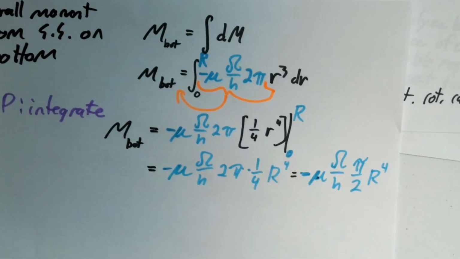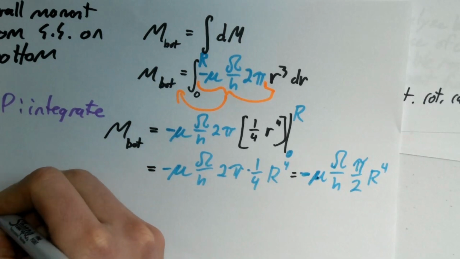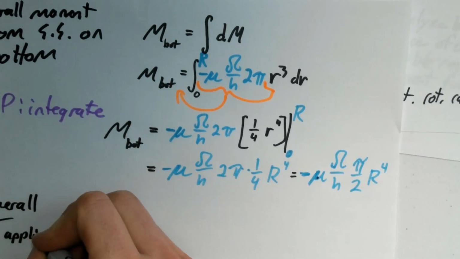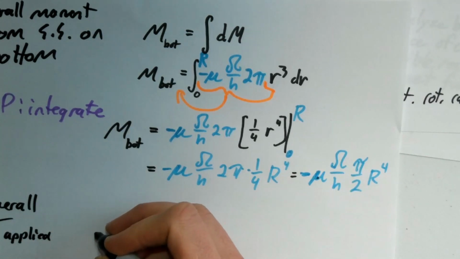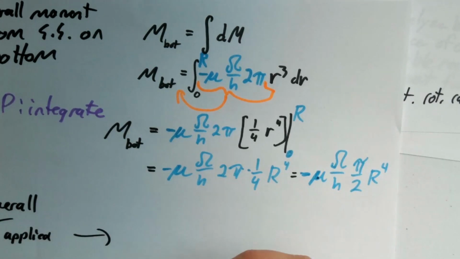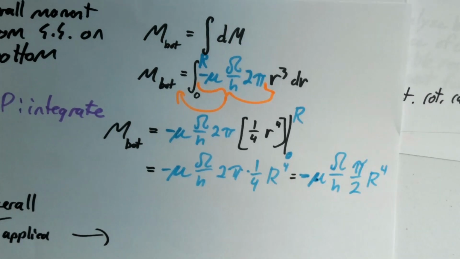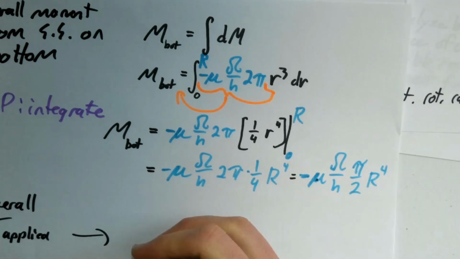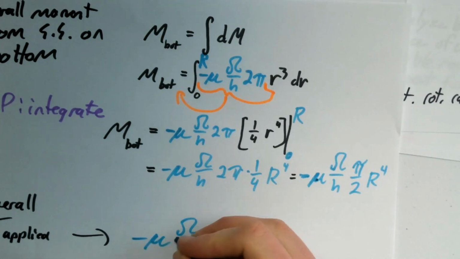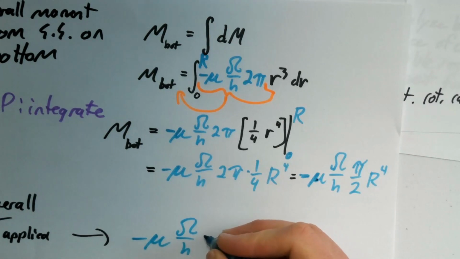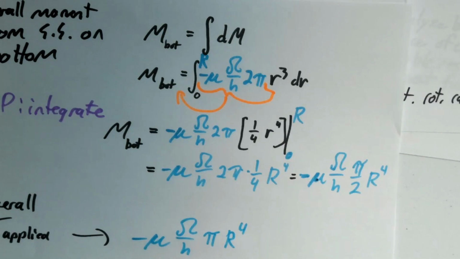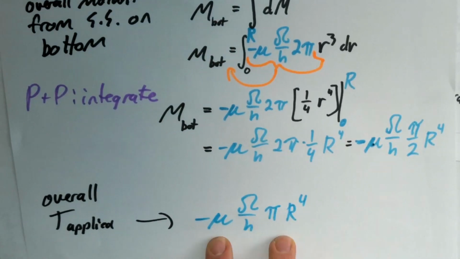If we want to consider what the overall torque needed, the overall torque applied is going to essentially need to be double this. So the overall torque applied is going to need to be 2 times whatever we had here. So that essentially just gets rid of the 2 in the denominator. R to the 4th. So the overall torque applied in order to sustain this motion is going to be this.